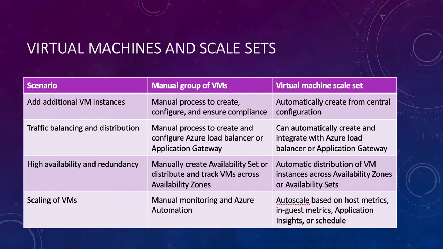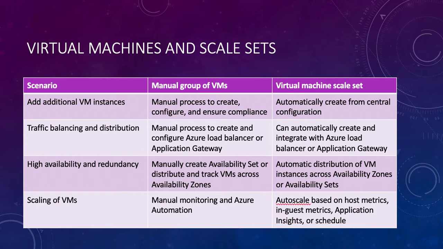Add additional VM instances. When you have a manual group of VMs, there is a manual process to create, configure, and secure the compliance of those. While when you're using the virtual machine scale set, all of this is going to happen automatically. It automatically creates from a central configuration, and you don't go through the hassles of managing it manually yourself.